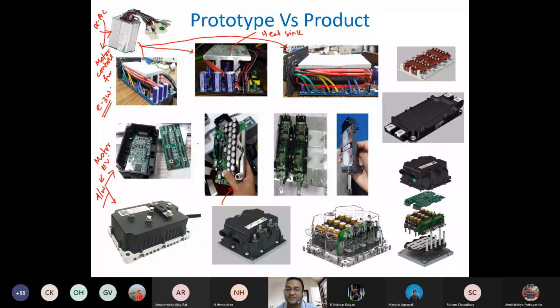This is how it looks like. These are the capacitors. Here is a quite powerful semiconductor switch. Two switches are there in one leg. How does this motor controller for an electric vehicle work? All those things we'll see slowly.